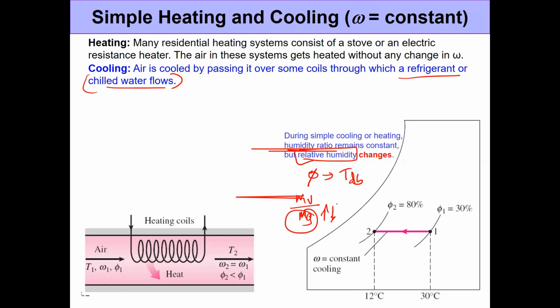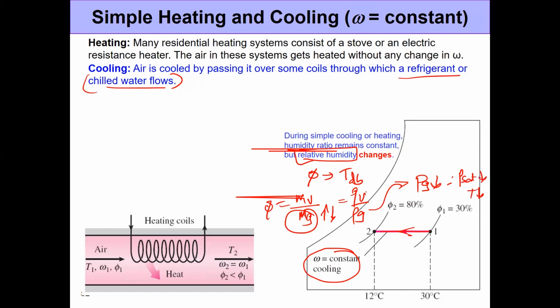All right. So if you're cooling air, simple cooling, it shows up as a horizontal line on this chart, like the one shown here. You're cooling it from 30 degrees to 12 degrees Celsius. The omega is absolutely constant, but as we decrease the temperature, if you write phi in terms of partial pressures, P_v by P_g, we're decreasing the P_g simply because the saturation pressure decreases with decrease in temperature, okay?